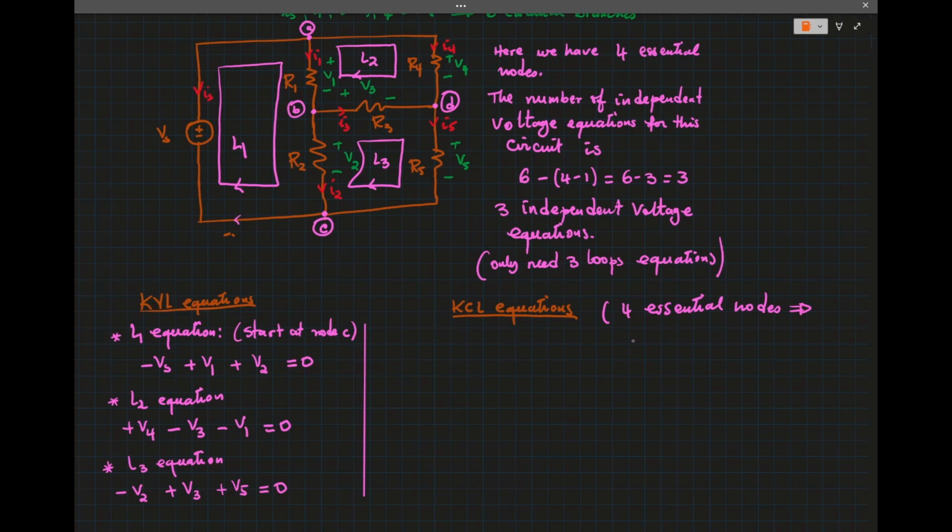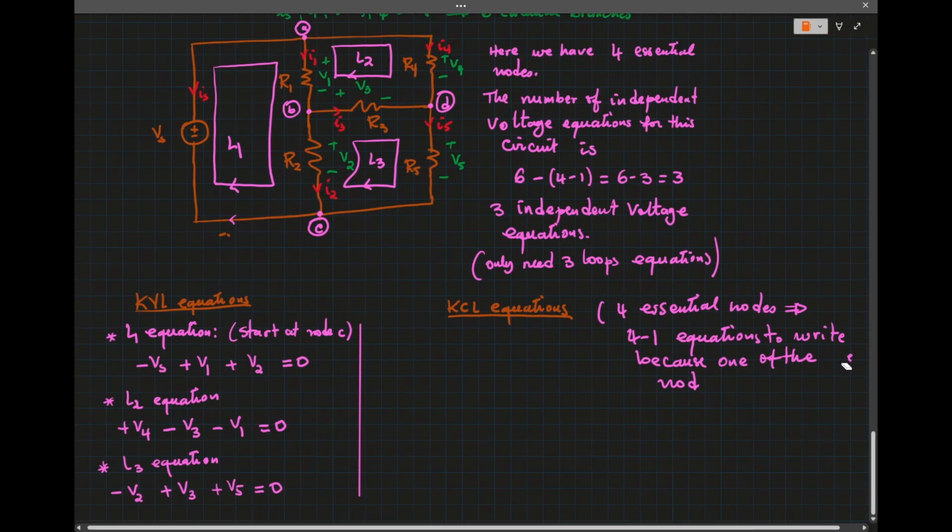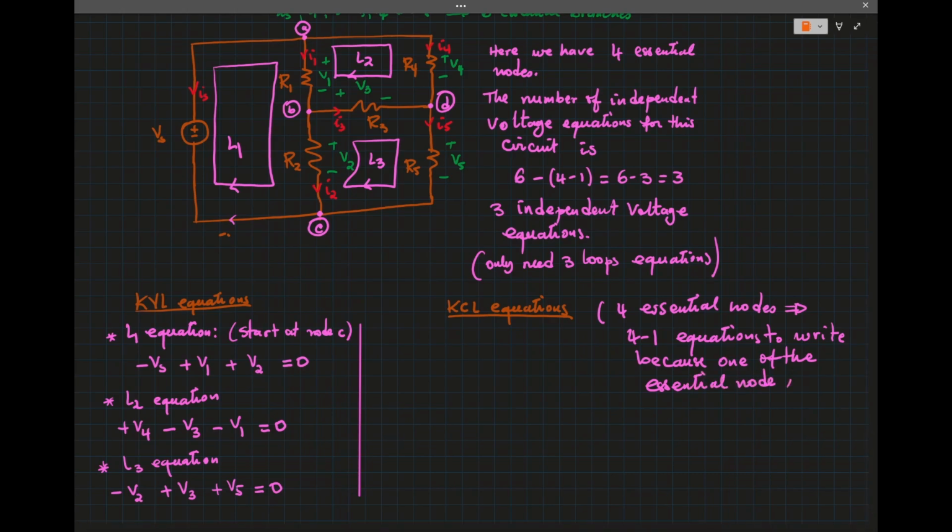This implies that we have 4 minus 1 equations to write, because one of the essential nodes is used as the reference node.